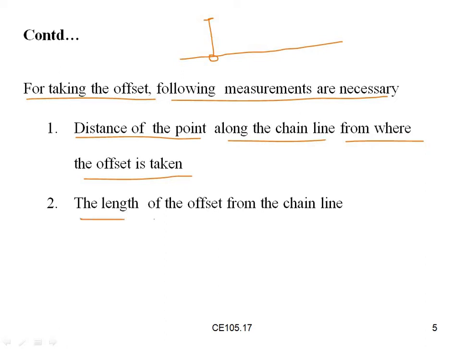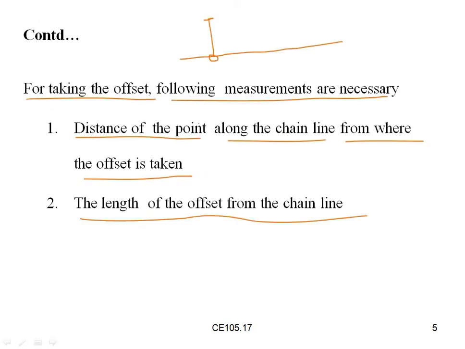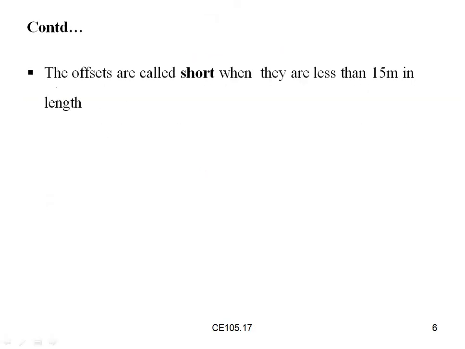And then the length of the offset from the chain line. The offsets are called short when they are less than 15 meters in length. When the offset length is up to 15 meters or less, they are called short offsets.